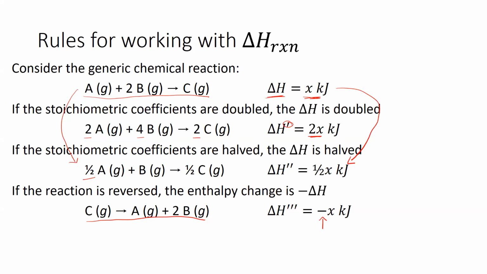If you multiply all of the stoichiometric coefficients by a value, you have to multiply the enthalpy change of that reaction by the same value. If you reverse the reaction, you multiply the enthalpy change by -1. You basically change the sign of the enthalpy change when it's reversed, okay? So those are the basic rules that we can use when we work with these enthalpy changes of reactions.